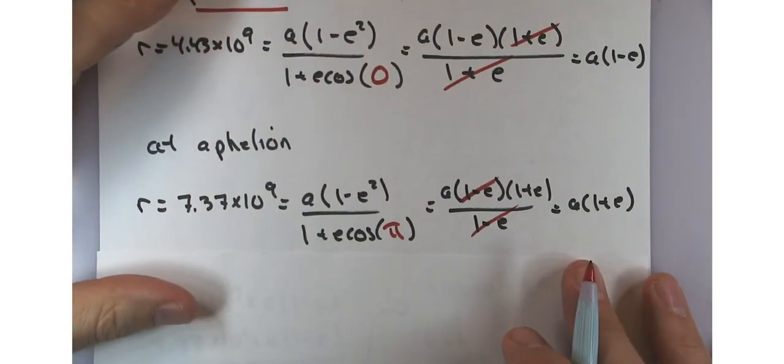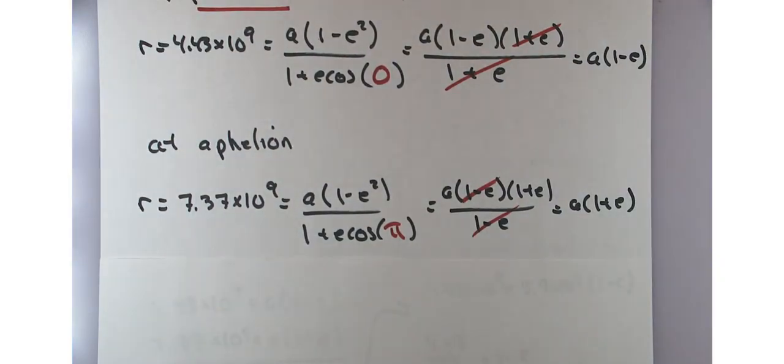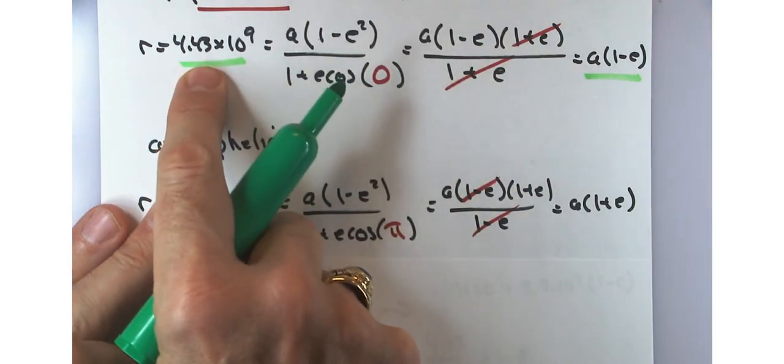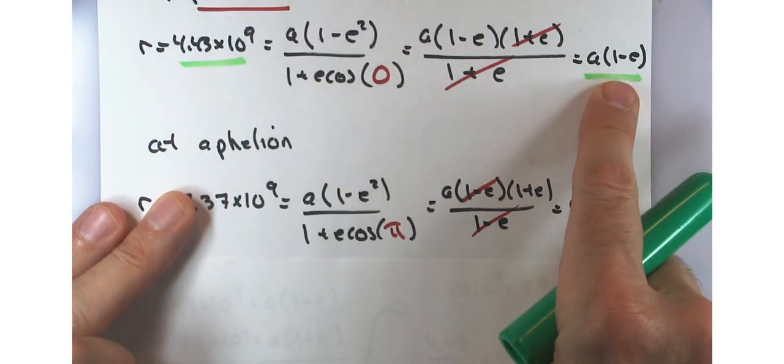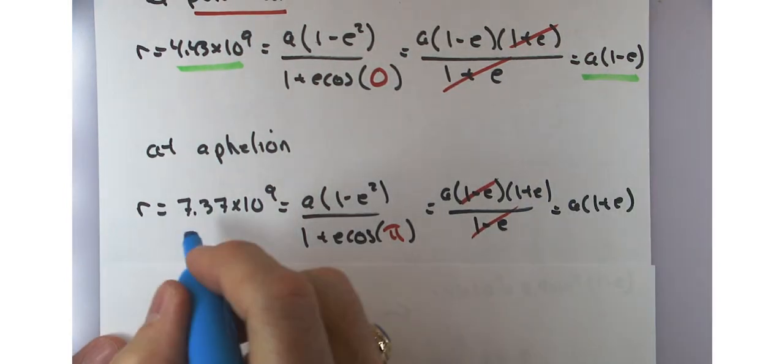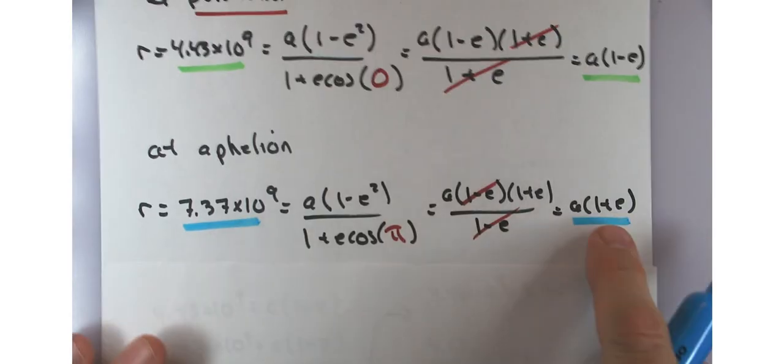You've got this first one right here, where 4.43 times 10 to the 9th equals A times 1 minus E. And you've got another one here where you get A times 1 plus E.